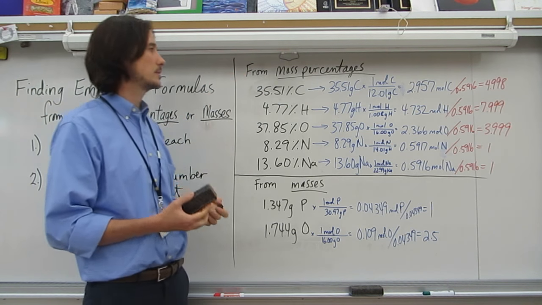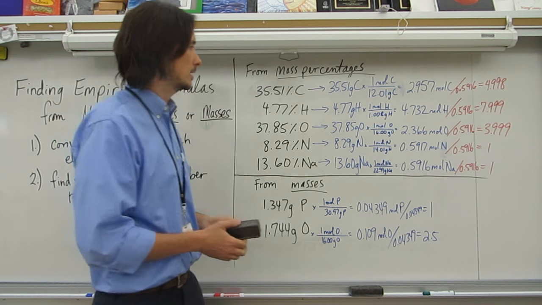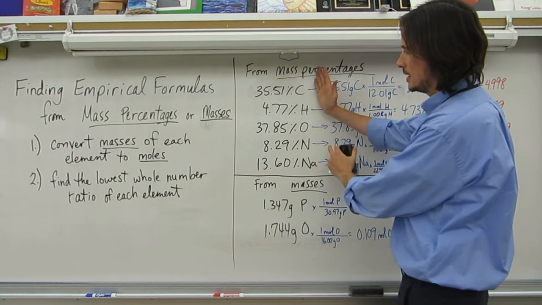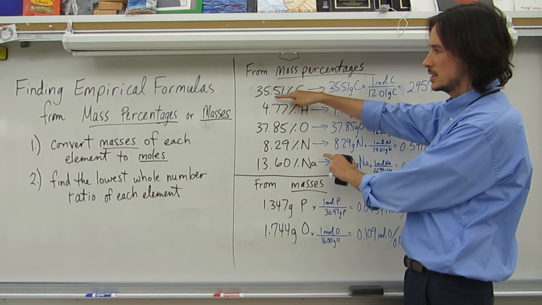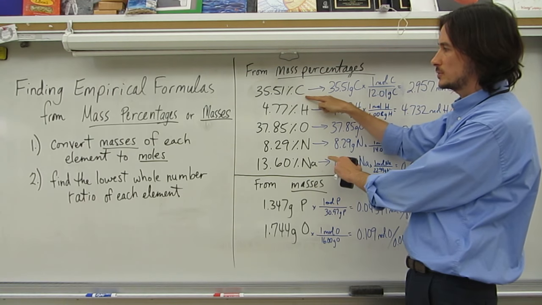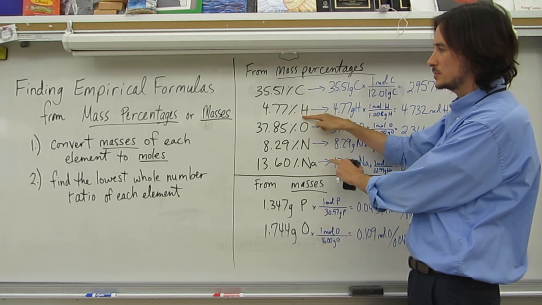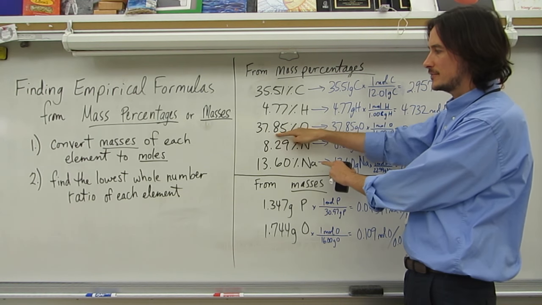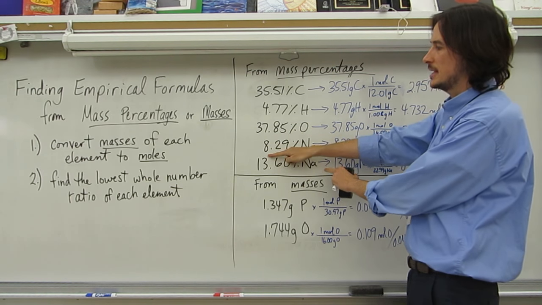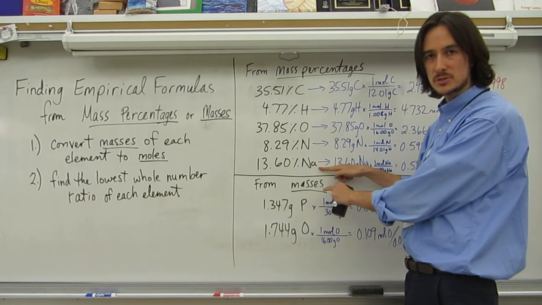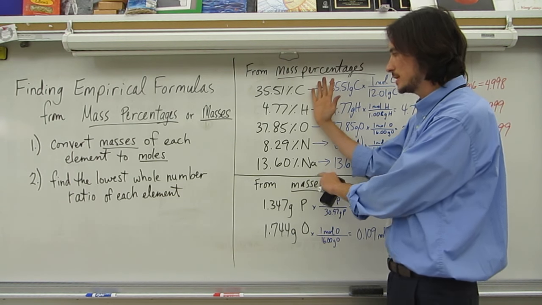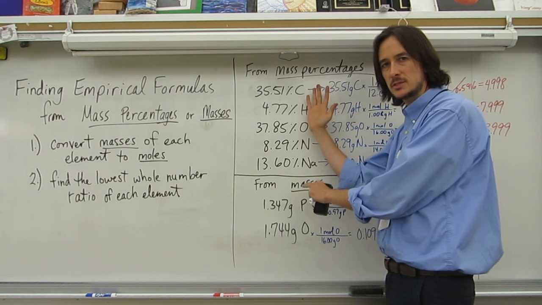So from mass percentages, if you're given a question and they tell you it's 35.51% carbon, 4.77% hydrogen, 37.85% oxygen, 8.29% nitrogen, and 13.60% sodium, you say, okay, I know the percentages.